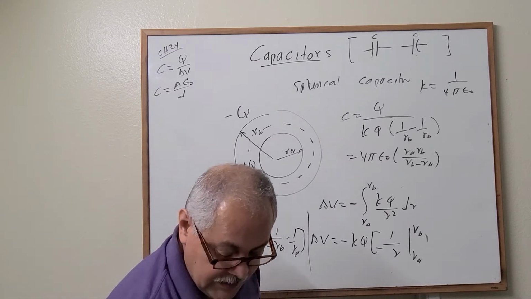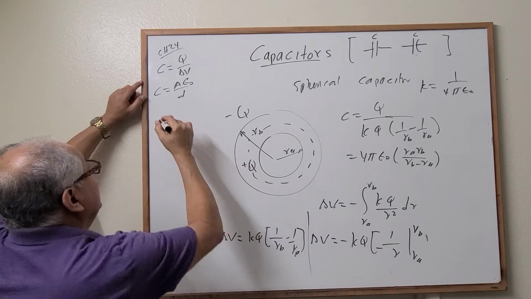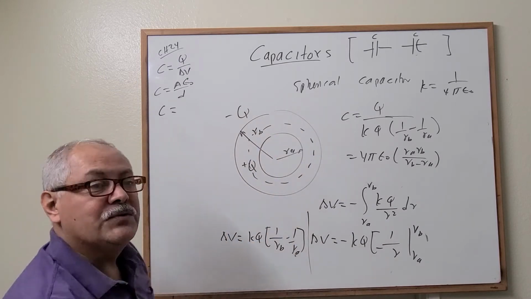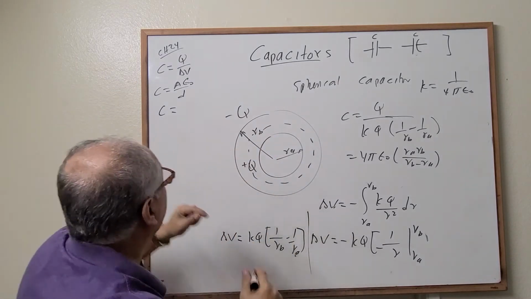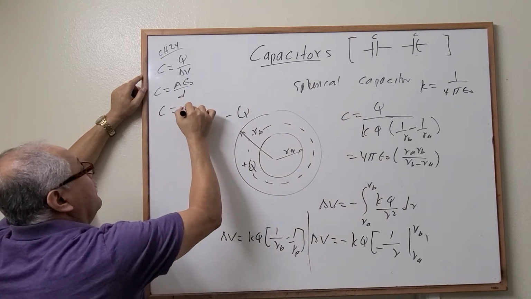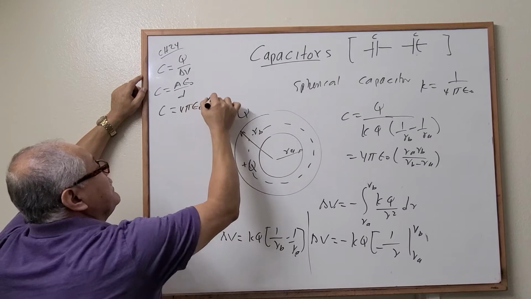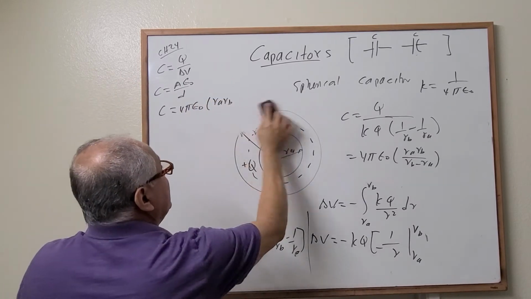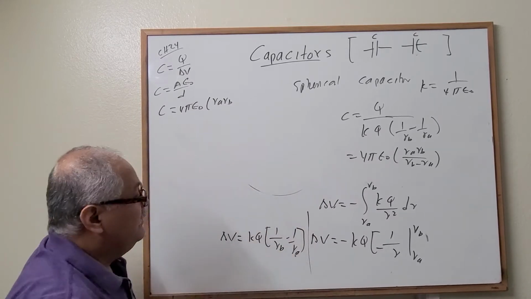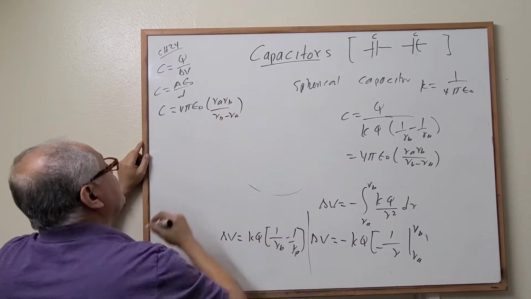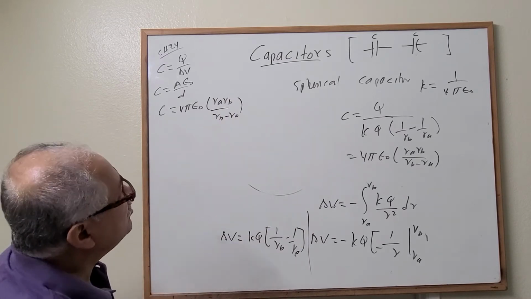And this is gonna be the capacitance for these concentric spherical shells. So it's equals to, again, 4 pi epsilon naught times R sub A, R sub B, correct, divided by RB minus RA. Perfect.